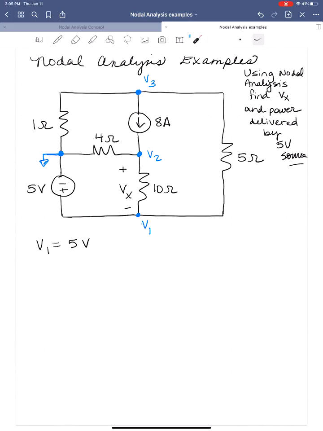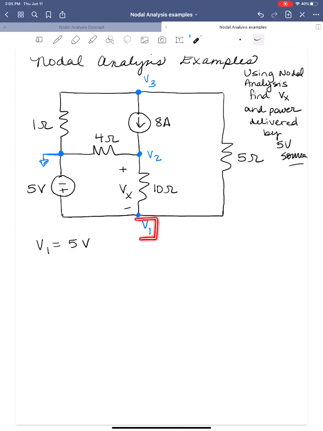Now if you had chosen this to be the reference node instead, and this to be V1 instead, then what would V1 be? It would be minus 5, because the polarity would have shifted, right? We'd have plus 0 minus V1 is equal to 5. So what about this makes the circuit analysis less tedious from a math point of view?